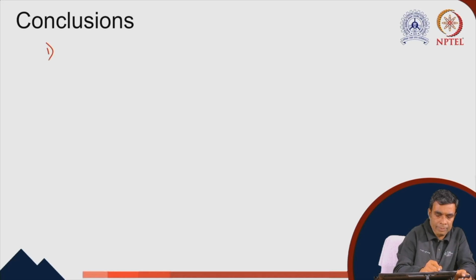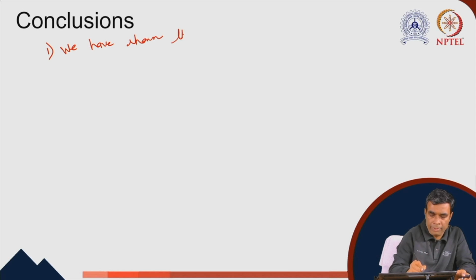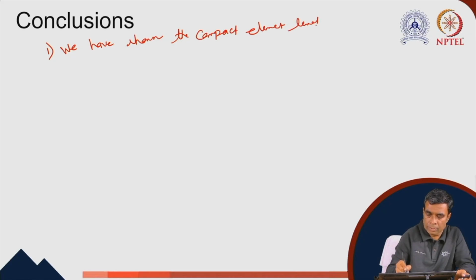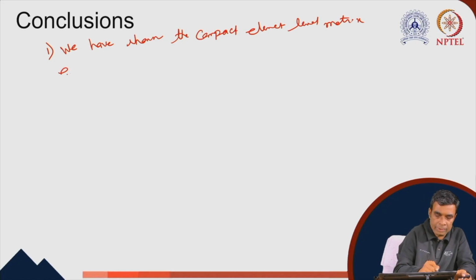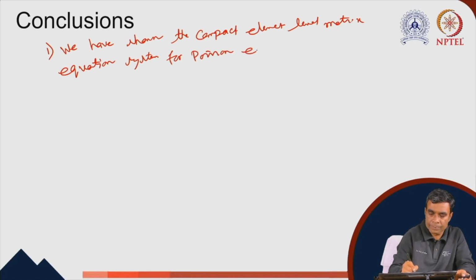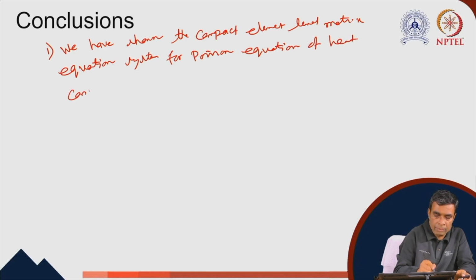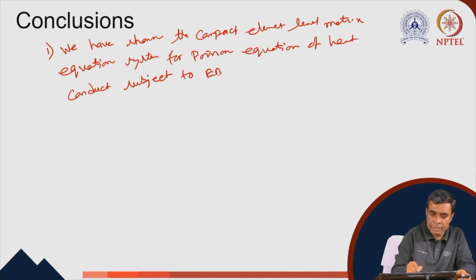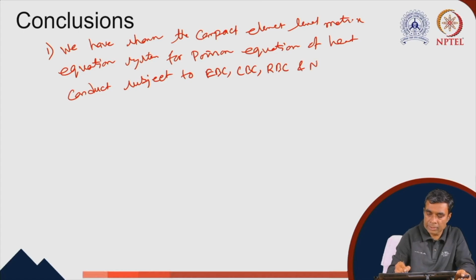In today's class, we have shown the compact element level matrix equation system for Poisson equation of heat conduction, subject to EBC, CBC, RBC as well as NBC.